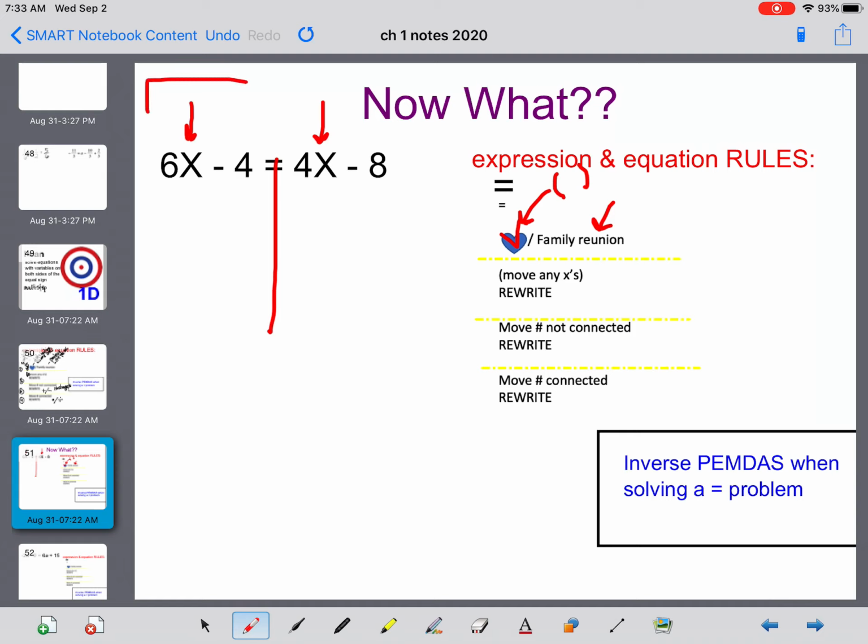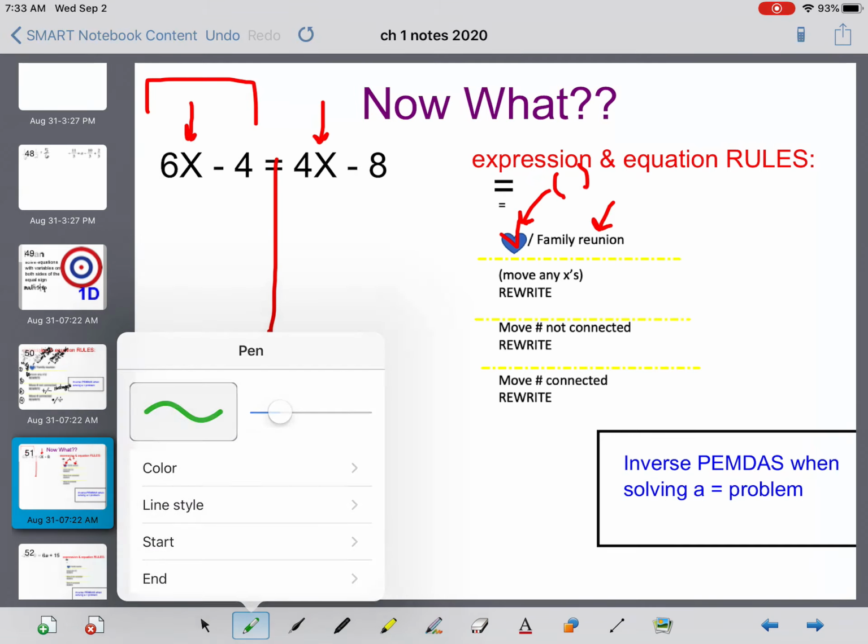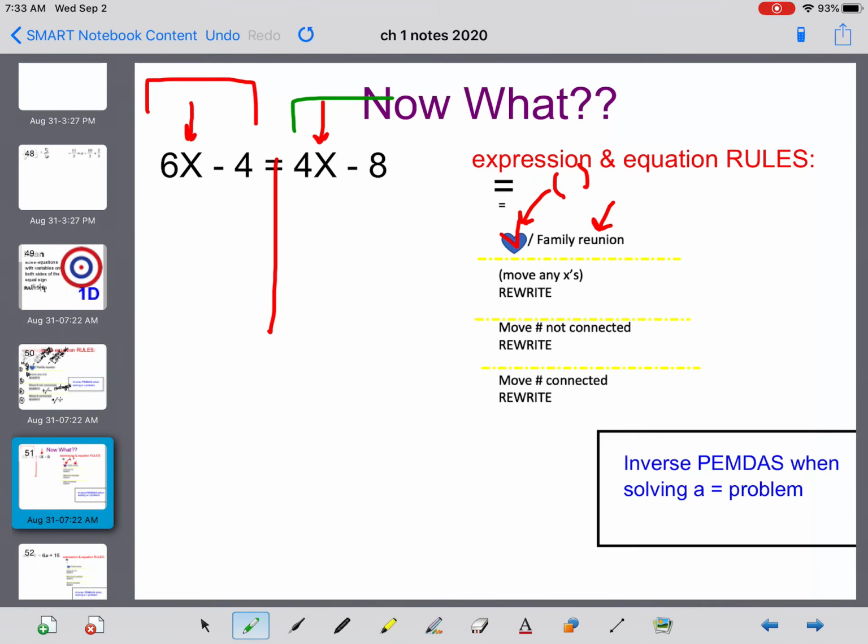And when I combine like terms, I can only combine like terms over here on this side together, or I could combine any like terms over here on this side of the equation, but I cannot combine like terms across the equal sign. So in this step, I cannot combine across the equal sign. So that might be another note maybe that you want to put in there.